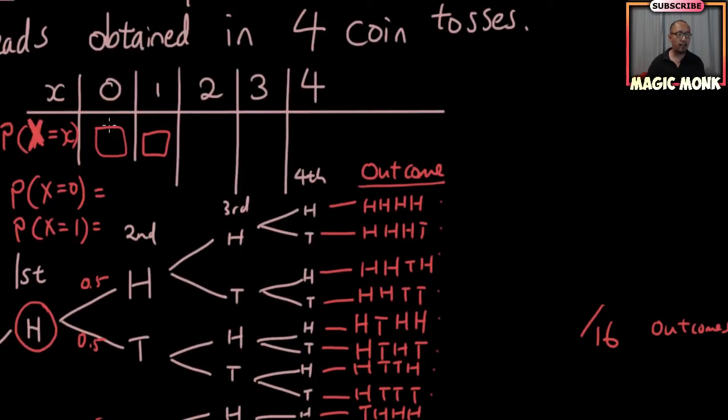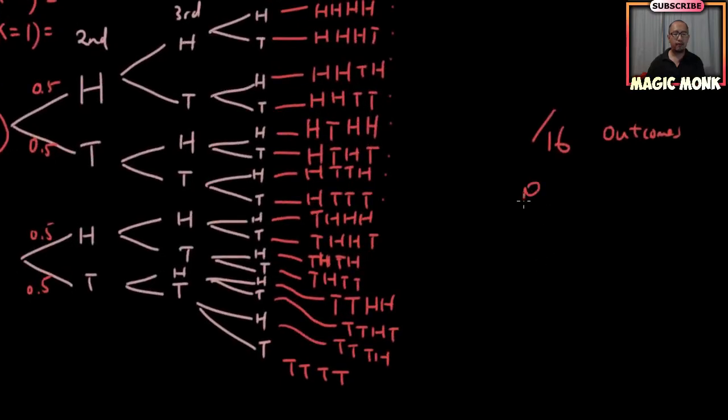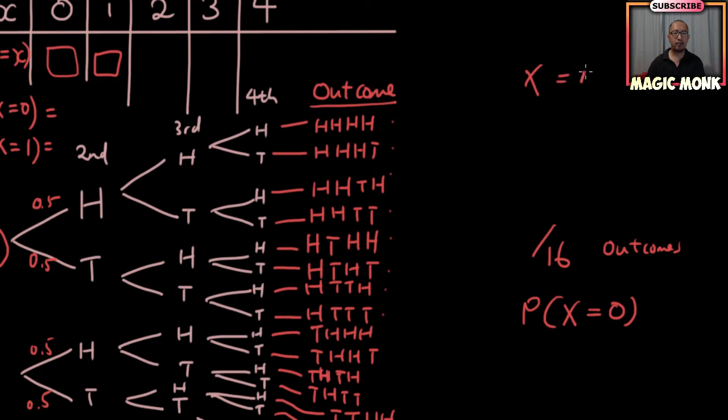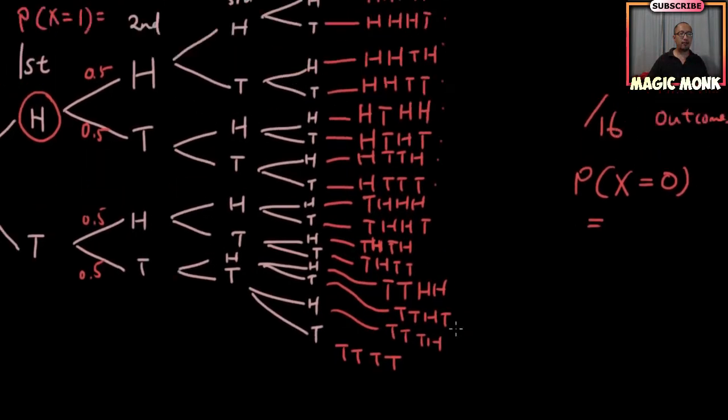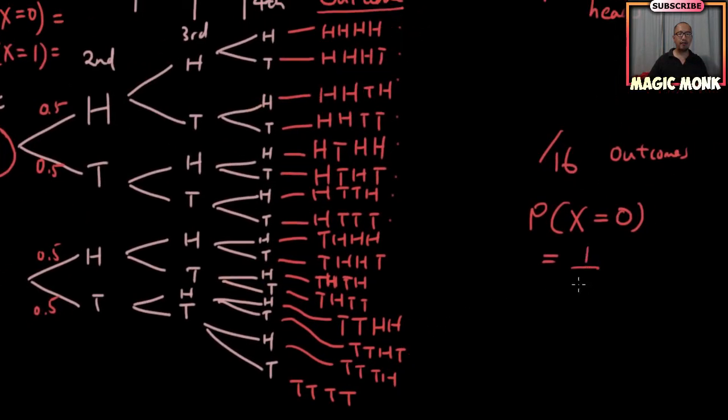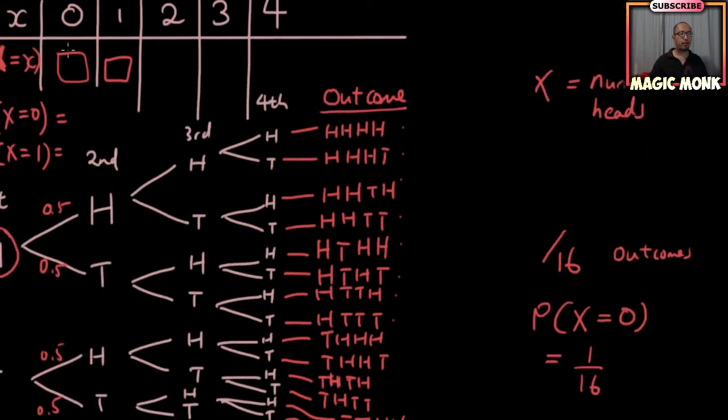X is the number of heads. And the probability of X being 0 is, what is it out of? It's out of 16, so it's 1 out of 16.